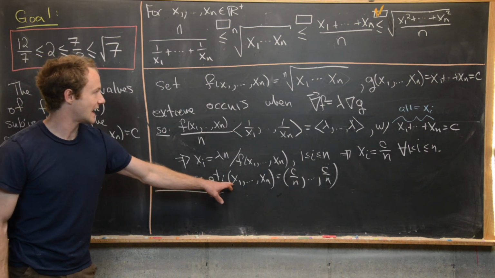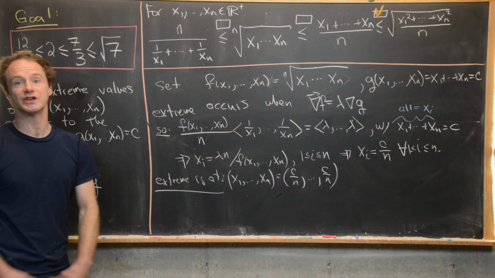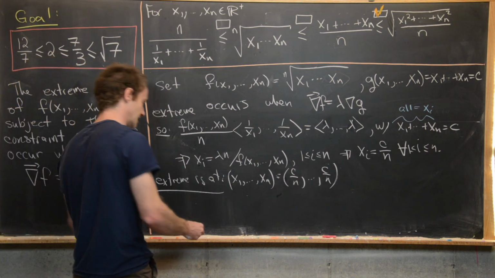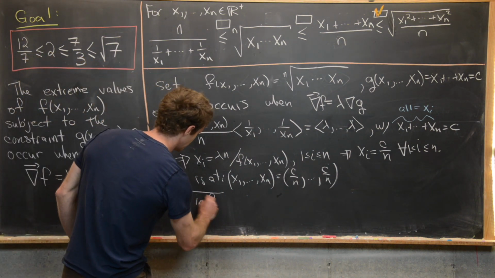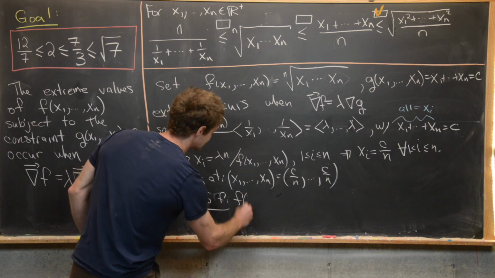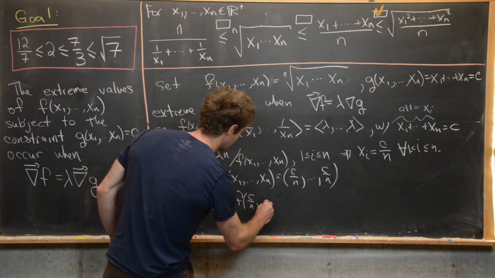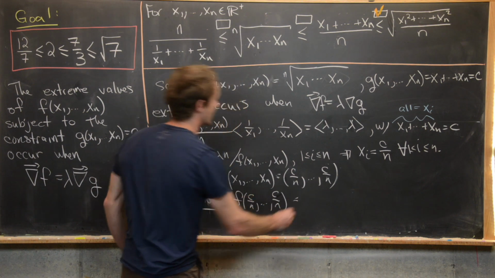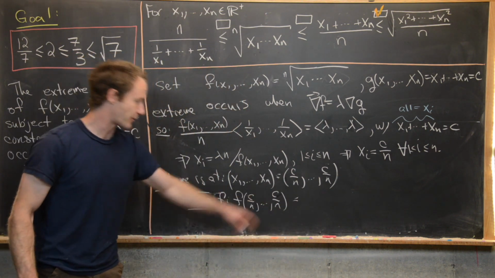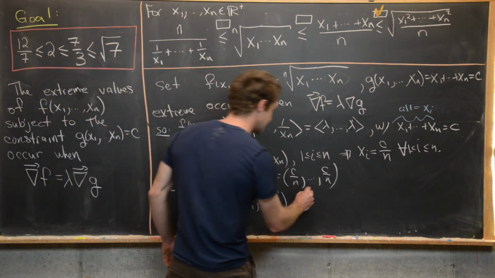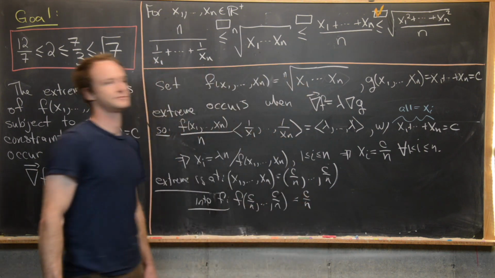So now we can go ahead and plug that into the original function to see what the extreme is. So into f, that gives us f of c over n, comma, all the way up to c over n, will be the nth root of the product of all of these, which is equal to c over n.